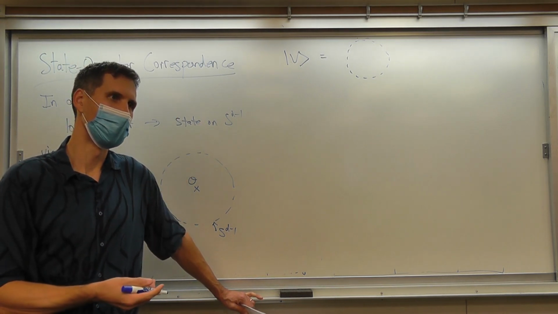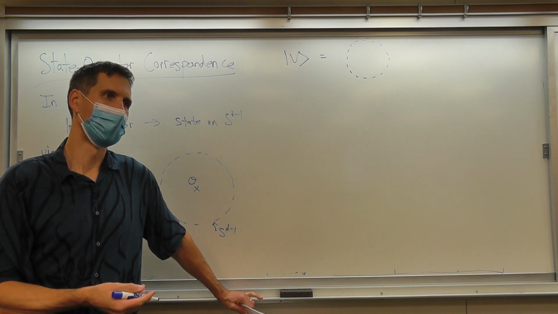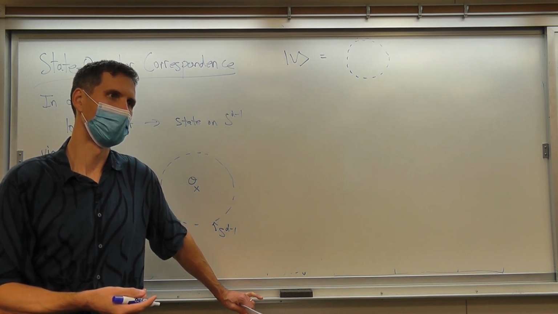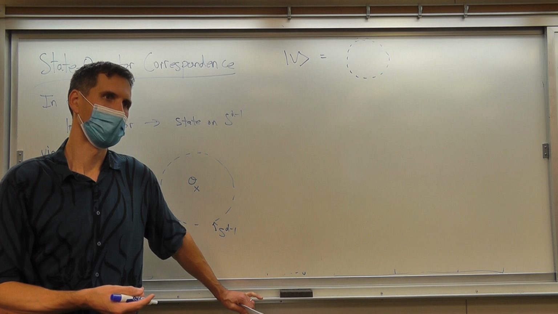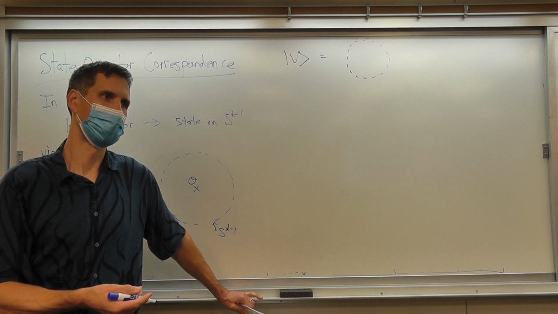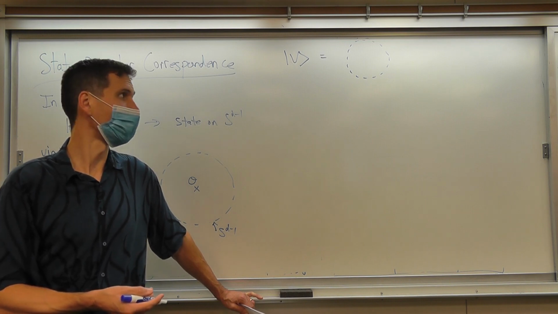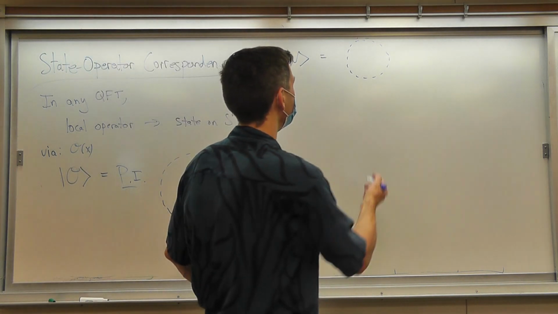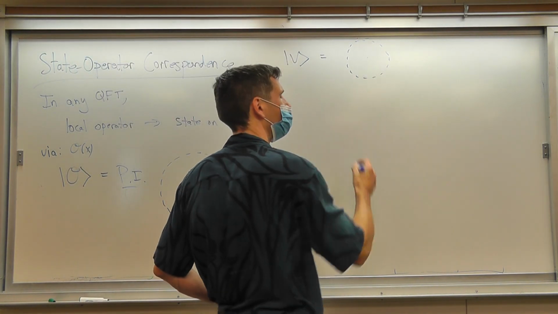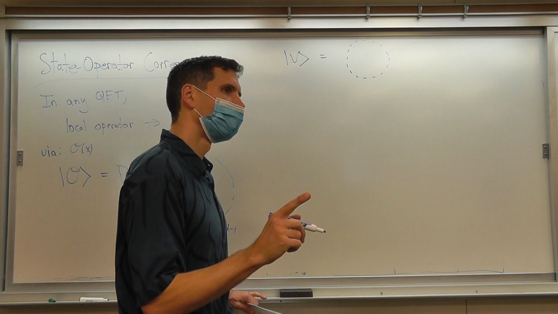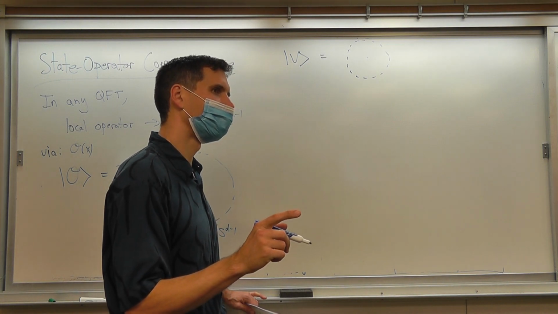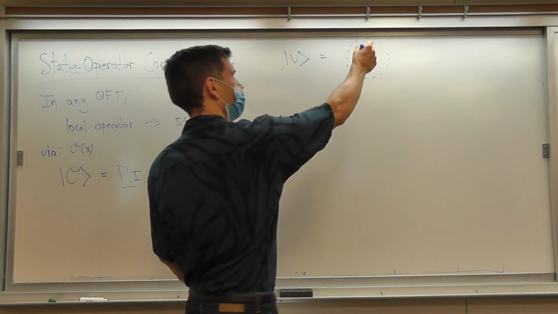But doesn't the picture correspond to evolving in imaginary time in the radial direction for an infinite amount of time, and then that should bring me to the vacuum state? It's not infinite. Oh, you put the boundary at a finite radius? Are you talking about the cylinder? This is not an infinite amount of time.